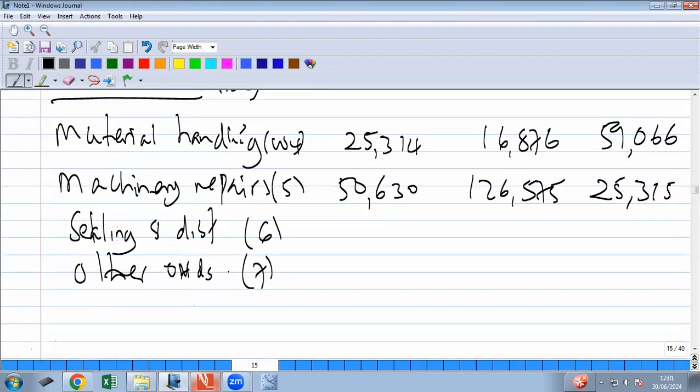So selling and distribution. Cassava, 151,875. Then for starch, mind you, these were in thousands but they are reduced, that's why we're taking them directly. For starch, 91,125. And the last one, 67.